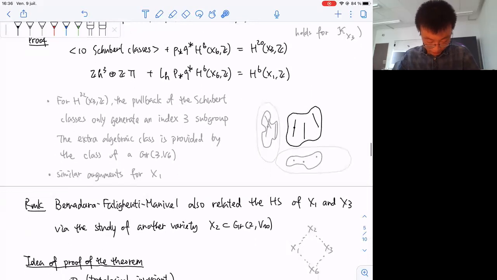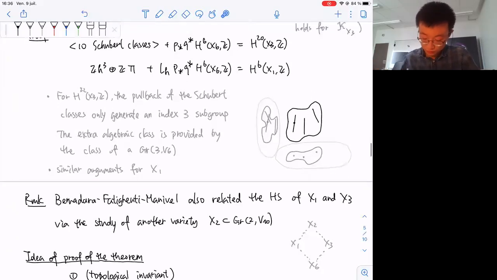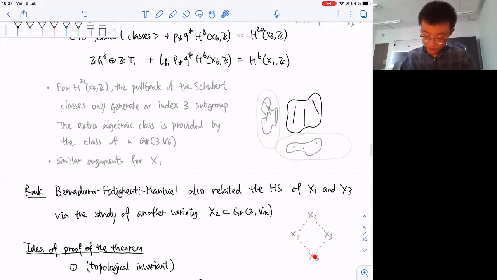There's a remark that there's a similar work done by Bernardara, Fatighenti, and Manivel. They also related the Hodge structures of X1 and X3, but they use a different method. They passed from X1 to X3 via a different variety, which in my notation would be called X2, defined inside Grassmannian G(2,10). So we have this diagram here, where they all share the same Hodge structure, and it's a very nice picture.